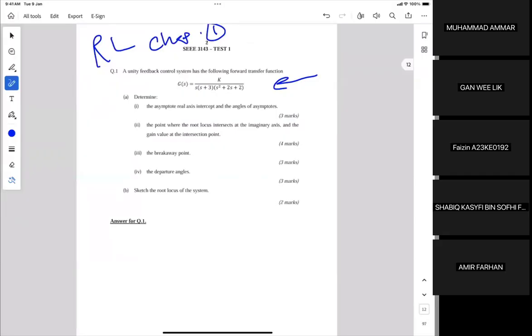So this is the third order system. And system type 1. Okay. So find the intercept of the real axis.